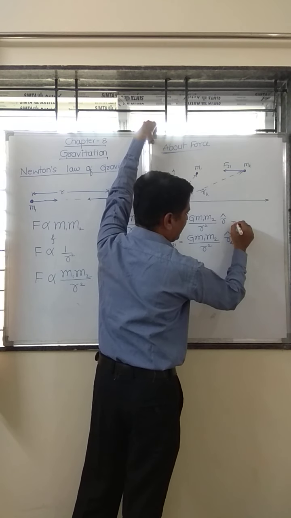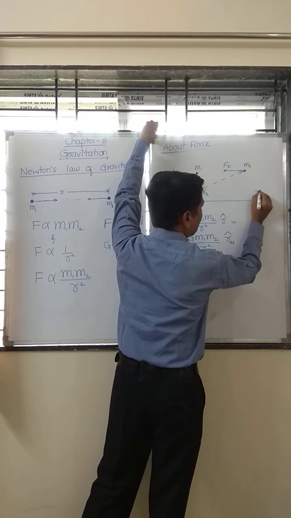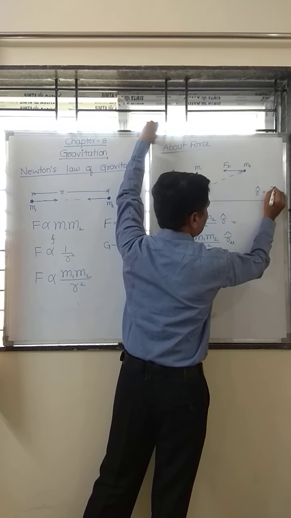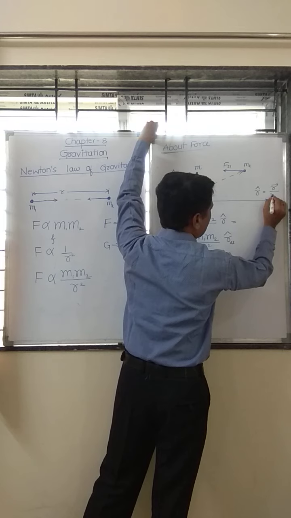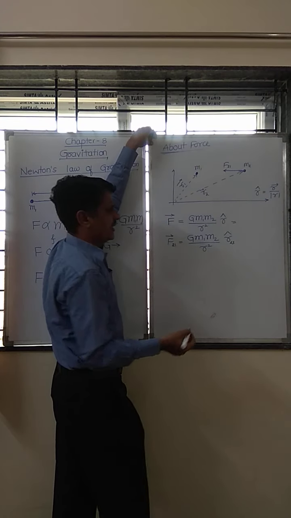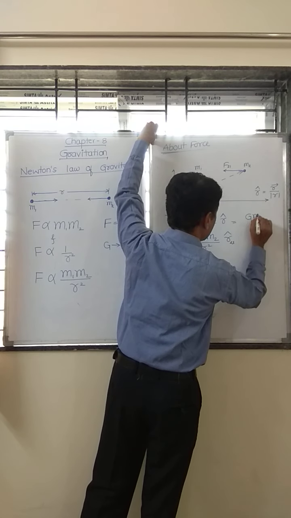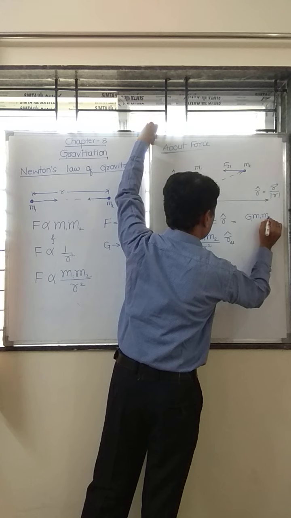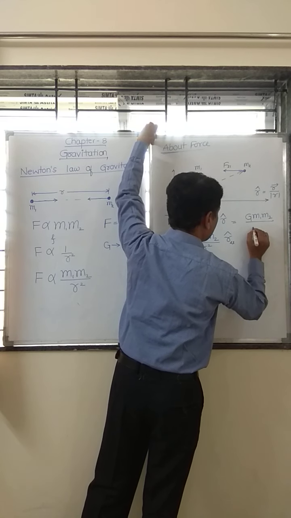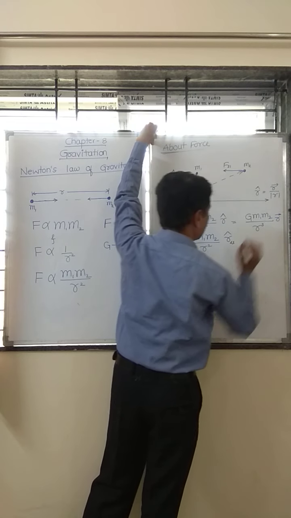This is in unit vector form. In vector form, as you know, a unit vector can be written as the vector divided by its magnitude. This also we have studied in electrostatics. So directly I can say capital G m1 m2 divided by r cube, times vector r.